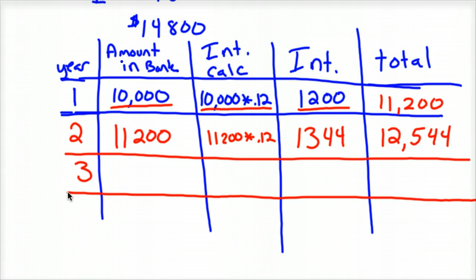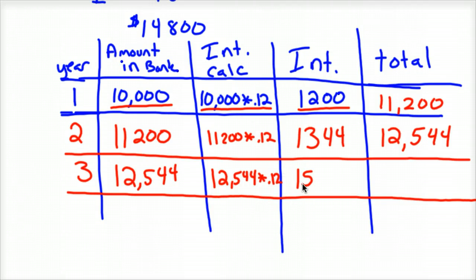Then the third year, we start the year with $12,544. Again, we get to the end of the third year, and the bank or the investment firm says, well, now we got to compound the interest. So 12,544 times 0.12, and now our interest is even bigger.